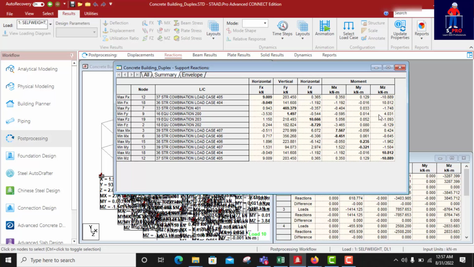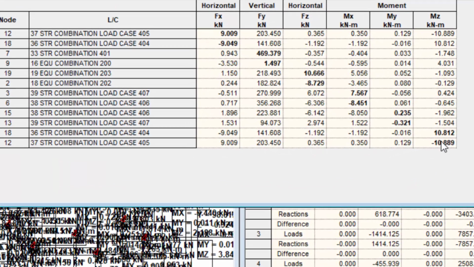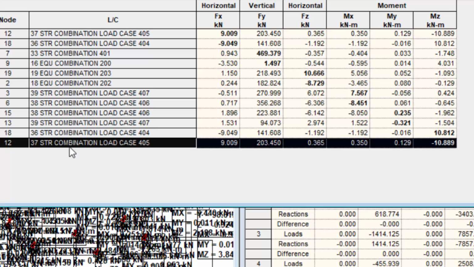That's the meaning. So we have our maximum moment here. Okay, if you check, this one is structural combination load case 405. It's giving us maximum moment. This one, 10.889.